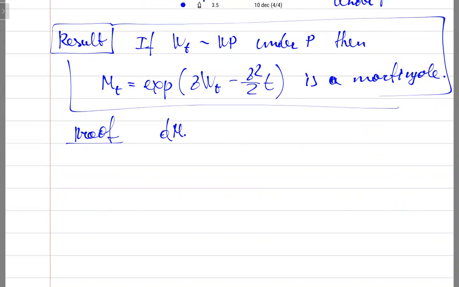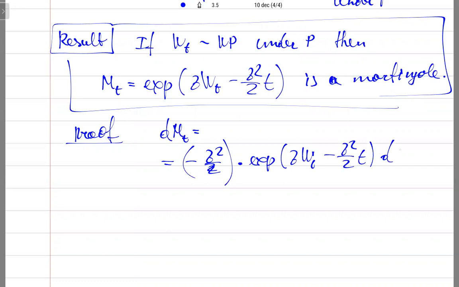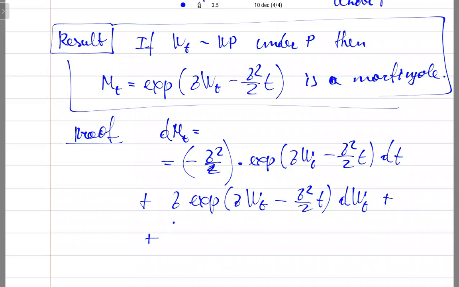I just calculate dM_t. If I take the derivative with respect to t, it will be minus sigma squared over 2 times exponent of sigma W_t minus sigma squared over 2 t dt, plus, if I take the derivative with respect to W, I will get sigma exponent of sigma W_t minus sigma squared over 2 t dW_t, plus 1 over 2.